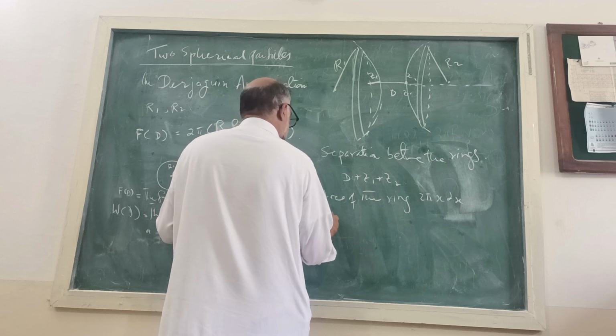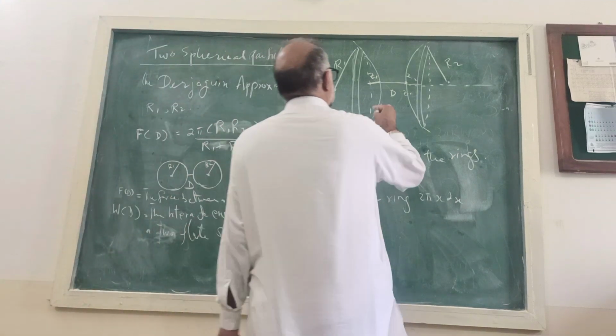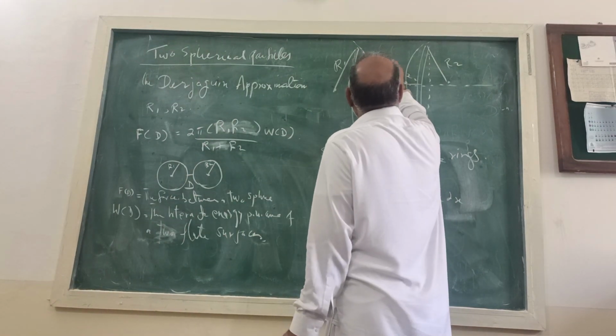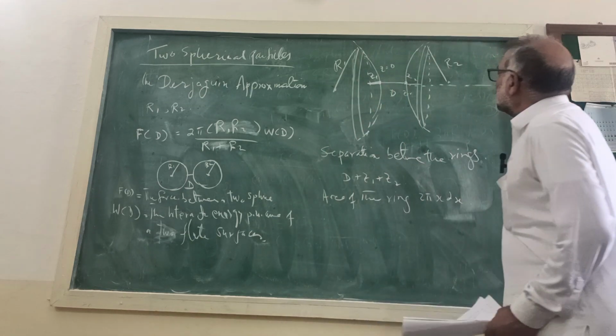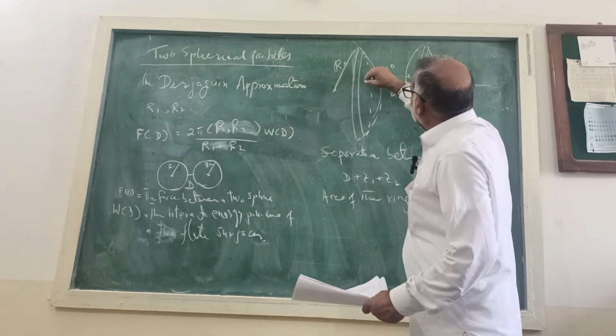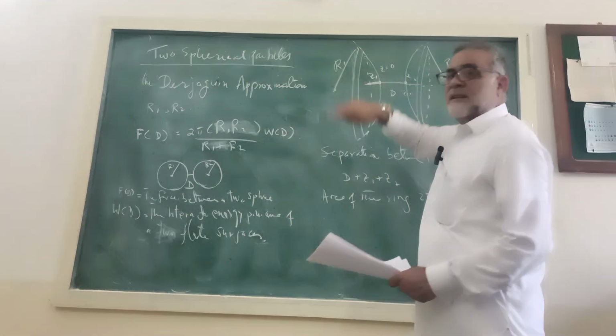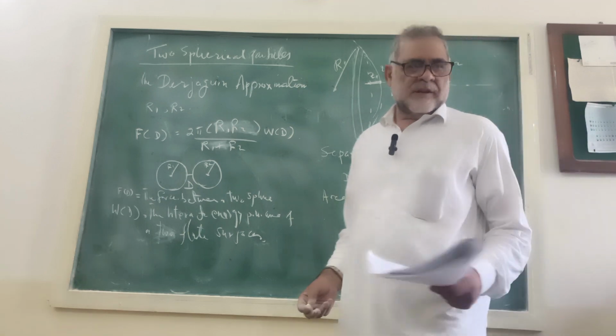So Z1 becomes a distance. Z1 is the distance, and Z equal to 0 is here. The radius of the ring, the center of the ring.